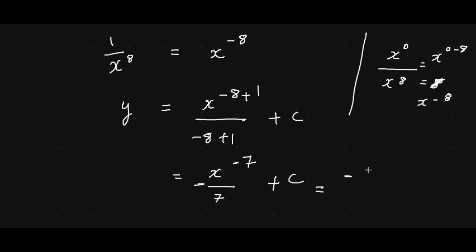So you just put minus 1 by 7 x to the power of 7 plus c, because the x to the power of minus 7 will become 1 by x to the power of 7, and you already have a 7. So that's how the answer in your big book is given. You got to go one step further and convert it back to the original way it was, like 1 by x to the power of 8. So 1 by x to the power of 8 becomes minus 1 by 7 x to the power of 7 plus c. Okay, good.